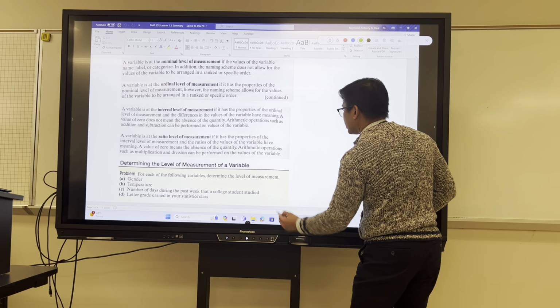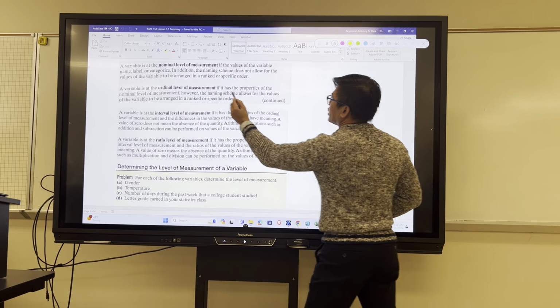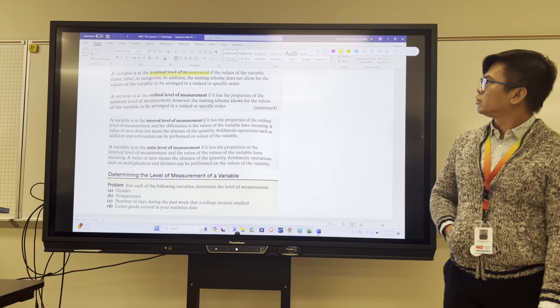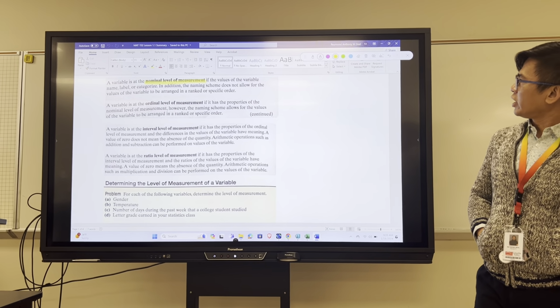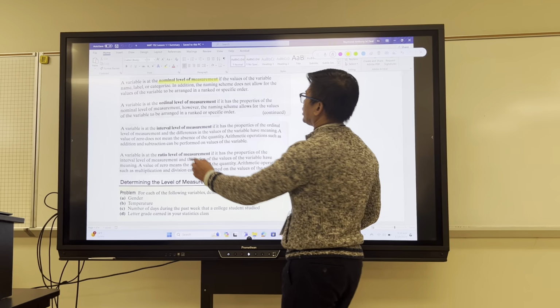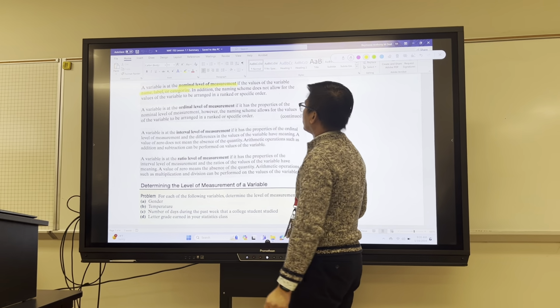Let's highlight those. So when you say nominal, what's a keyword that you can think of regarding that definition? Normal. So it can be a name, a label, or a category.